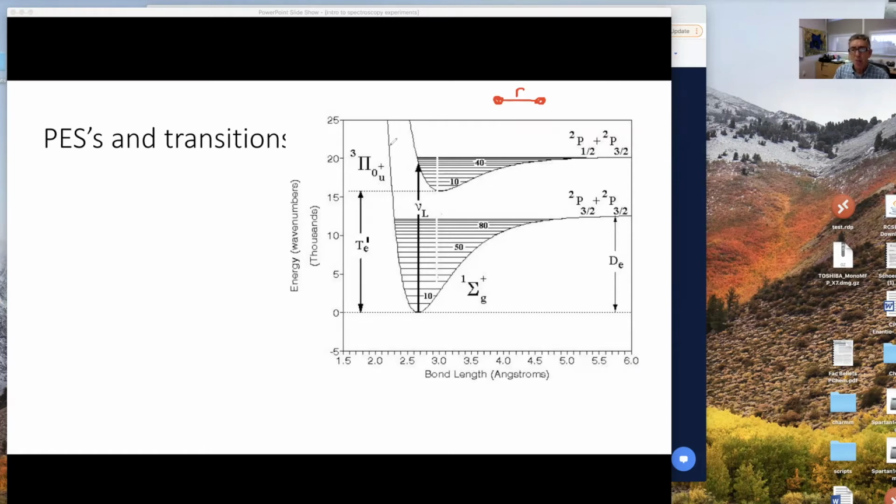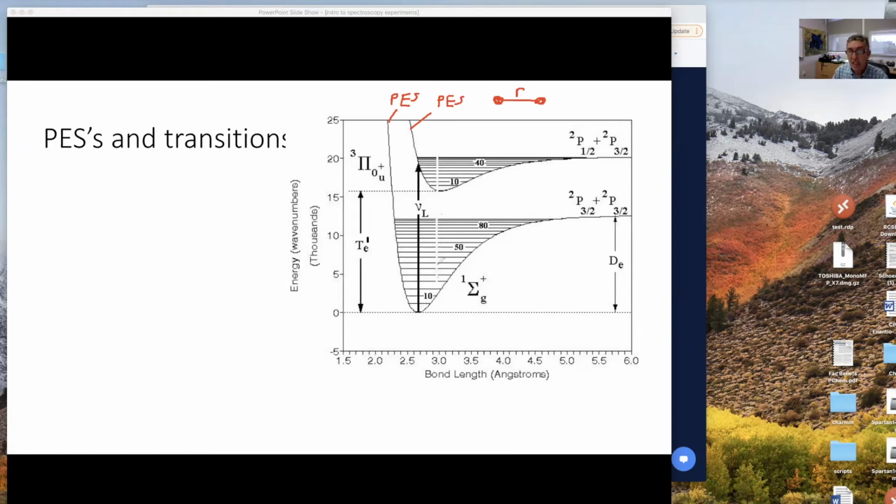Now, the curves, you see here two curves. Those represent the potential energy surface in two different states. So that would be for the lower electronic state, the ground state, and this would be for the potential energy surface for an excited electronic state. And each of those states can have a set of vibrational levels, and you see those with the horizontal lines.